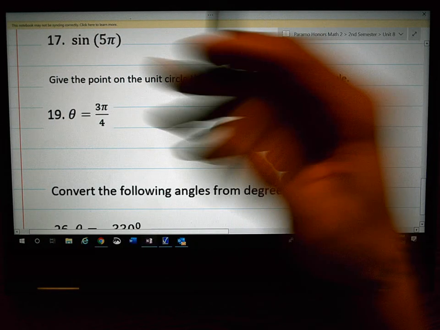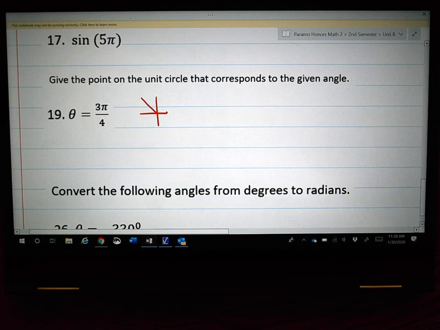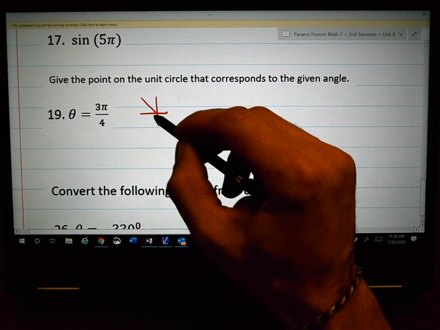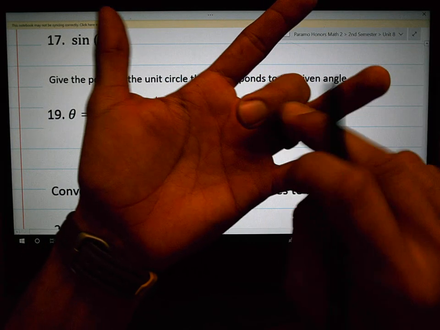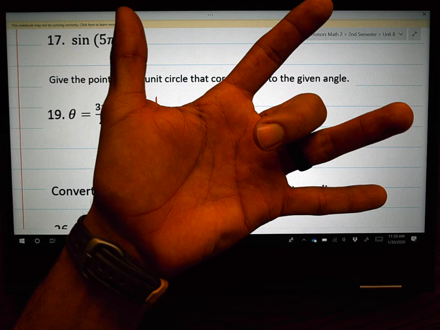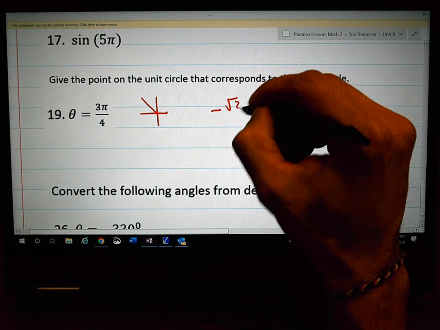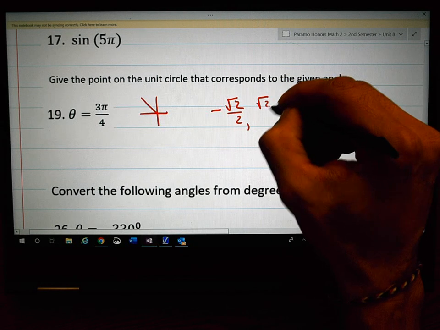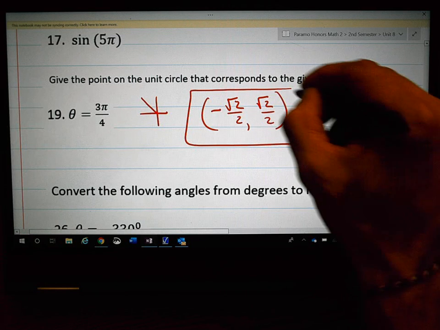I go 3 pi over 4, this is just me thinking, is right about there. 1 pi over 4, 2 pi over 4, 3 pi over 4 is quadrant 2. I know what the reference angle is, pi over 4. I know what the coordinates are. Negative for cosine, positive for sine. This is my answer.